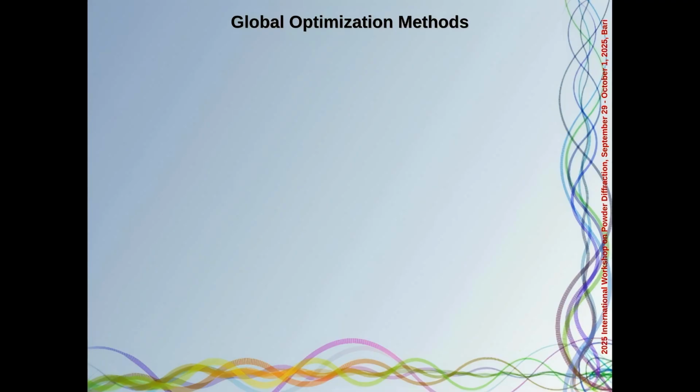The most important alternatives are real space methods, also called global optimization methods. Solving an optimization problem means that if you have a real function of several real variables, you are searching for the minimal function value.